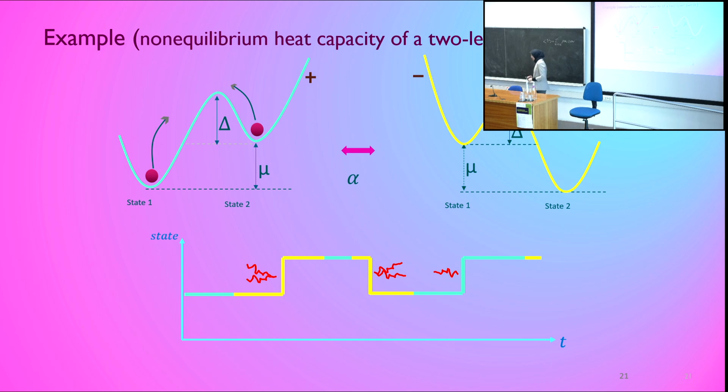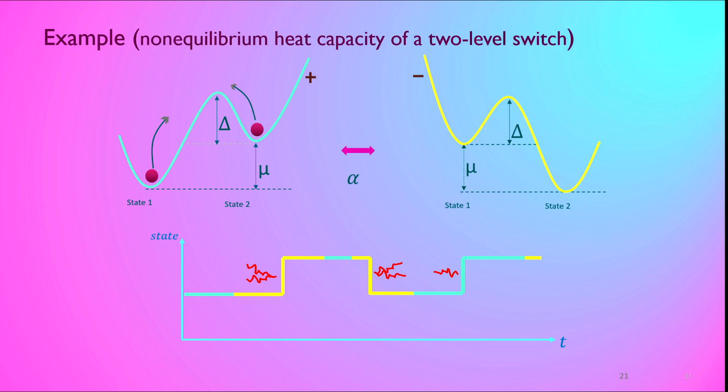Now I have a system that is in non-equilibrium, but again, the simplest system that I have. It's a two-level system, the same as the two-level system that we had in equilibrium. The particle is jumping between these two levels, but there is another dynamic for your energy landscape. There is one dynamic for the particle itself, and now another dynamic I'm adding to the system for the energy landscape.